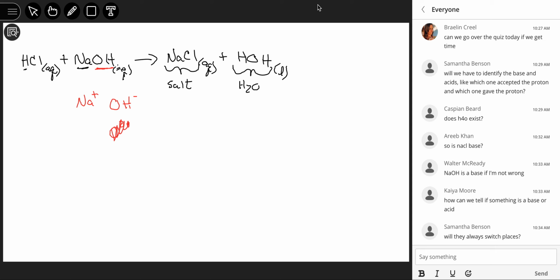Now, the HCl, because this is held together by a covalent bond, but the OH minus and the Na plus are held together by an ionic bond. Now here, this is going to fall apart into H plus and Cl minus. So here we have an H, and here we have something that's negative, so it could combine with an H. So that means this has something that can take a hydrogen, so that makes it a base. And this has a hydrogen to give away, so this is an acid.